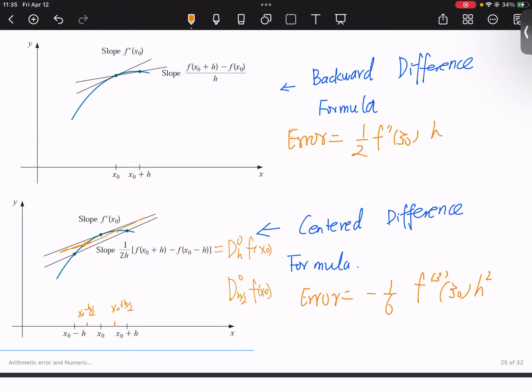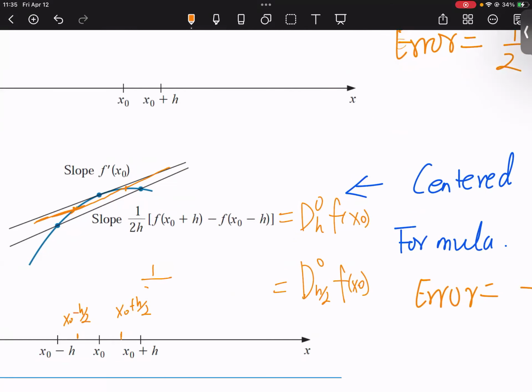That is the definition, the meaning of this value. It just replaces every h in the formula with the 1/2 of the h size. So this is f(x0 plus h/2) minus f(x0 minus h/2).